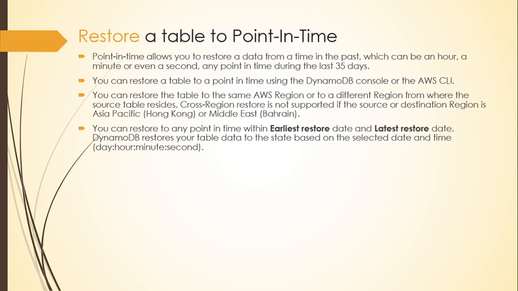So you can specify any particular date and time. And the latest restore date is nothing but the current date and time. So if you want to restore your table data to the current date and time, you can select the latest restore date.